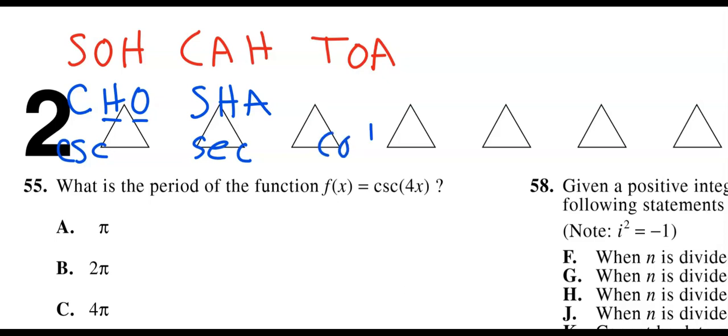And then there's another one called cotangent, which is the reciprocal of this. So if you know SOHCAHTOA, welcome to its cousin. The one they're referring to is this one right here, cosecant, and it goes with sine.